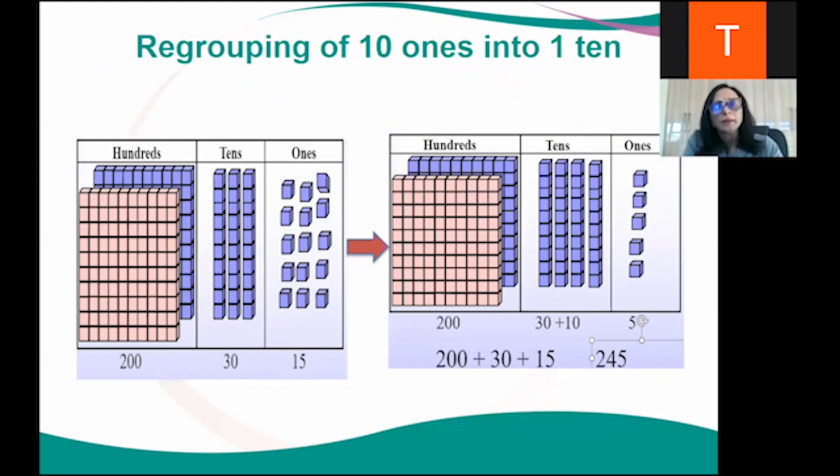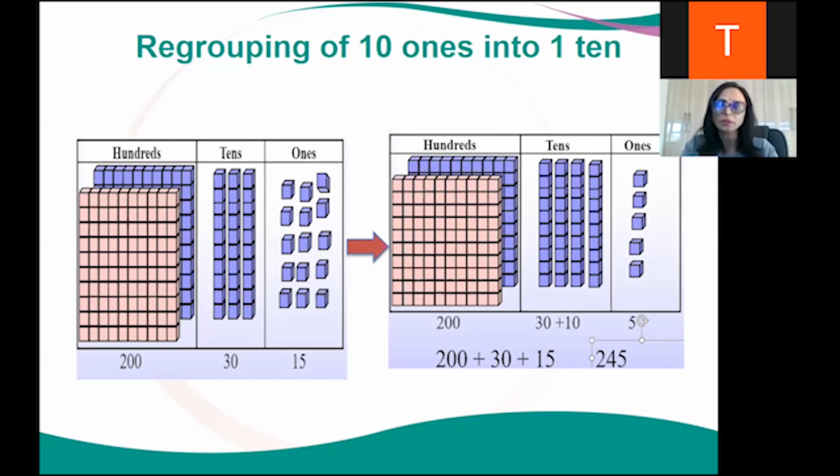Next, I want to show you what regrouping means. Regrouping is a concept that you need to know when you are doing place value. Regrouping 10 ones into 1 ten simply means taking your 10 units and making them into a 10 rod, or dismantling a 10 rod and making it into units.